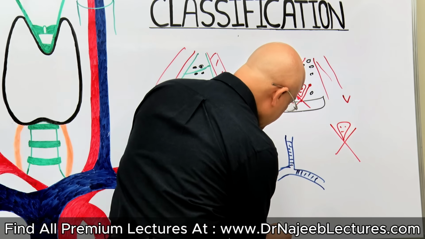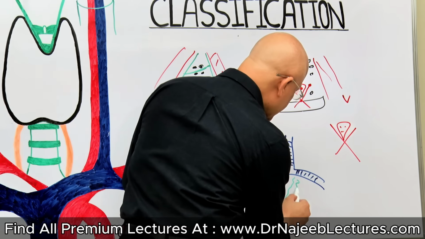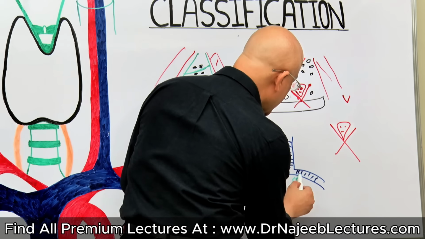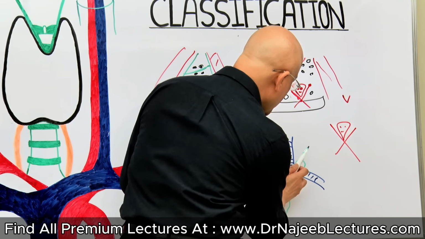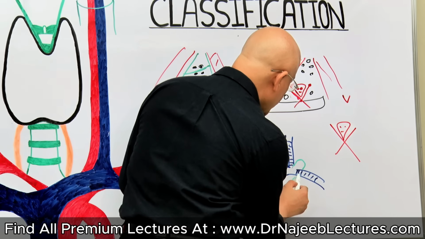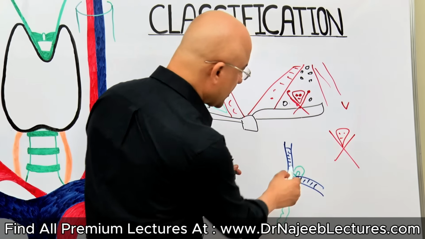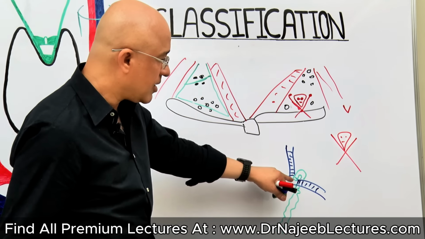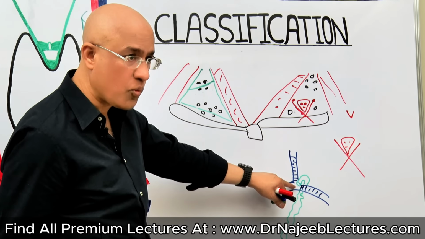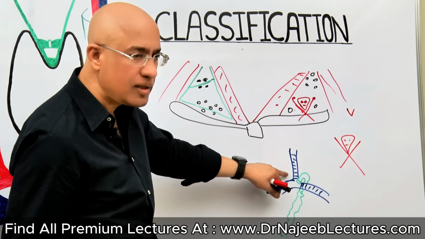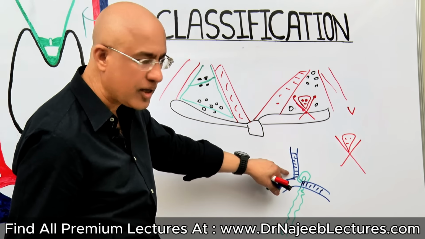Here is what is coming? The thoracic duct. And the thoracic duct is draining into this area, at the left subclavian vein at the junction with the internal jugular vein.